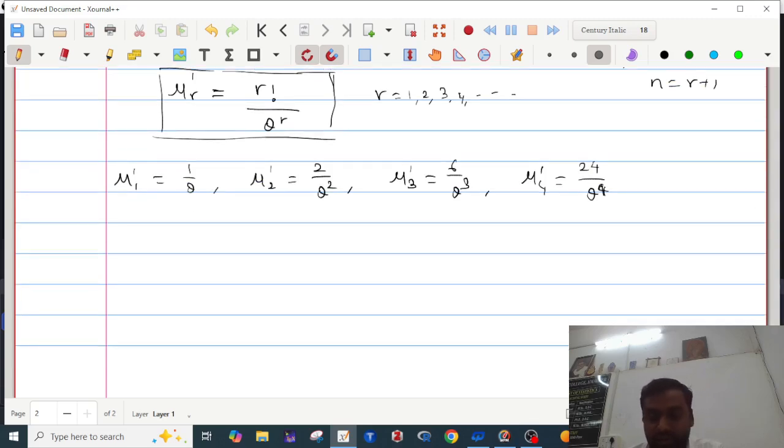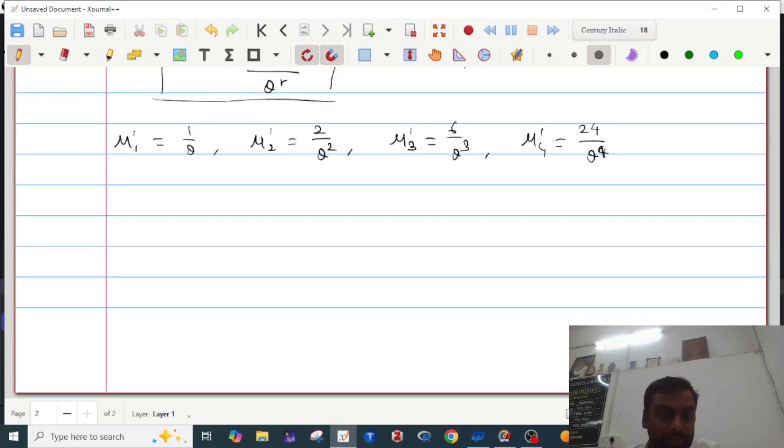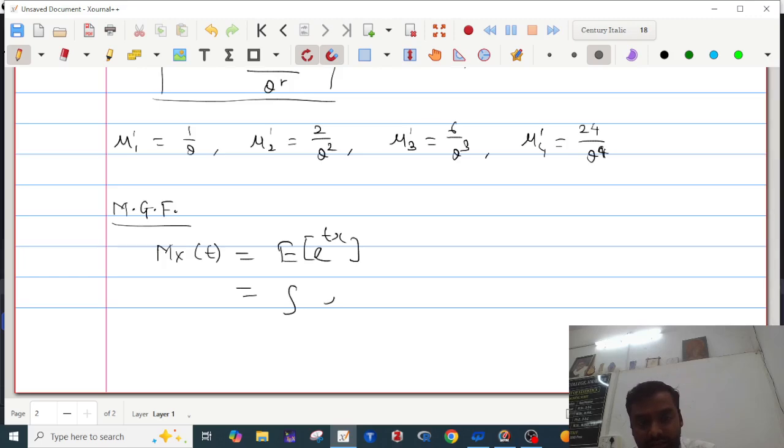Now the next concept is MGF, the moment generating function. It is denoted by mx of t, and it is obtained by the expectation of e raised to tx, which is nothing but the integration of e raised to tx fx dx.